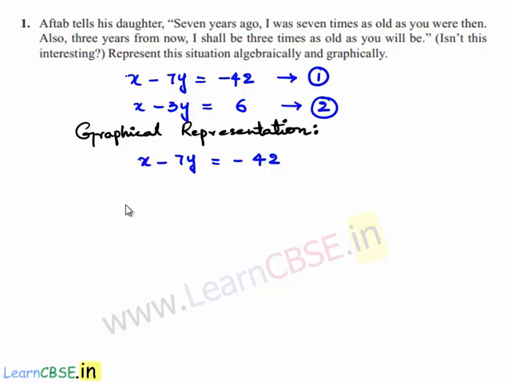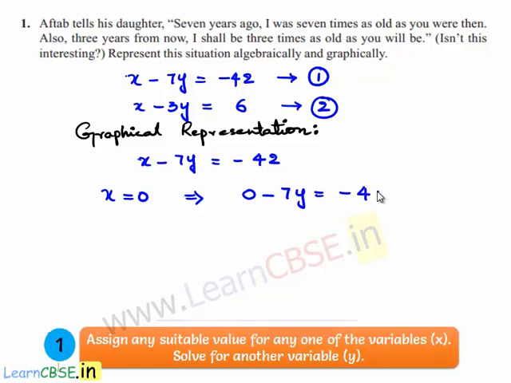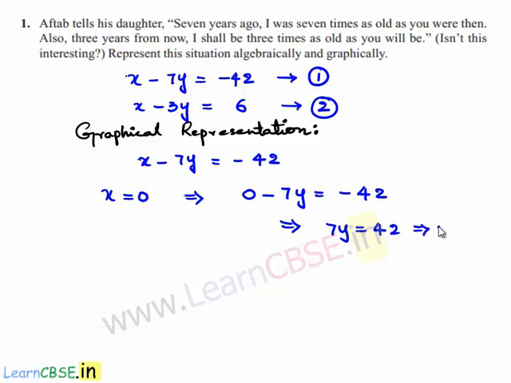If we take the value of x as 0, we get 0 minus 7y is equal to minus 42. That implies 7y is equal to 42, which is y is equal to 42 divided by 7. Therefore, y is equal to 6. So, if x is equal to 0, the value of y is 6.